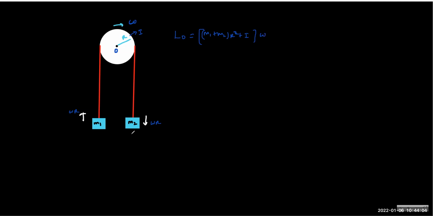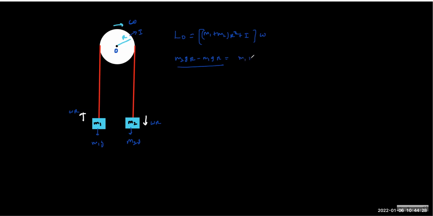And now torque is simple, no? M2G, M1G. So torque about O will be how much? M2G minus M1G, into R. So this is the torque. I'm differentiating in my mind only now.